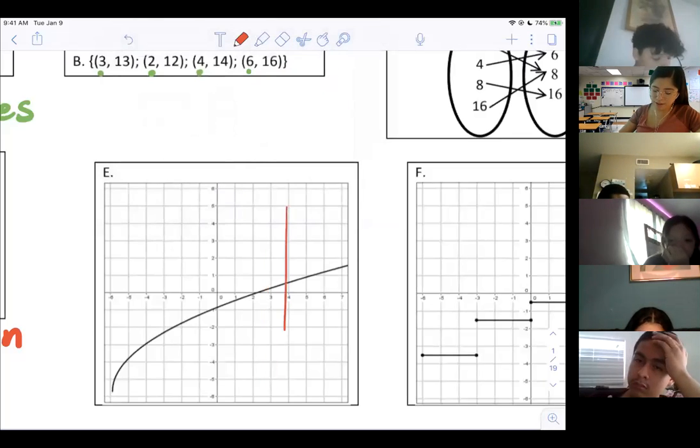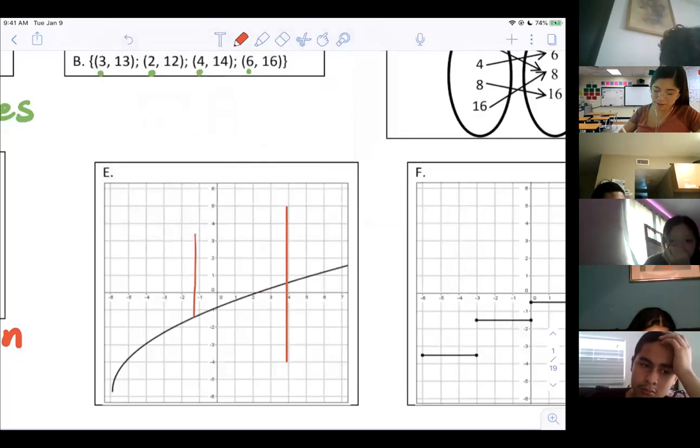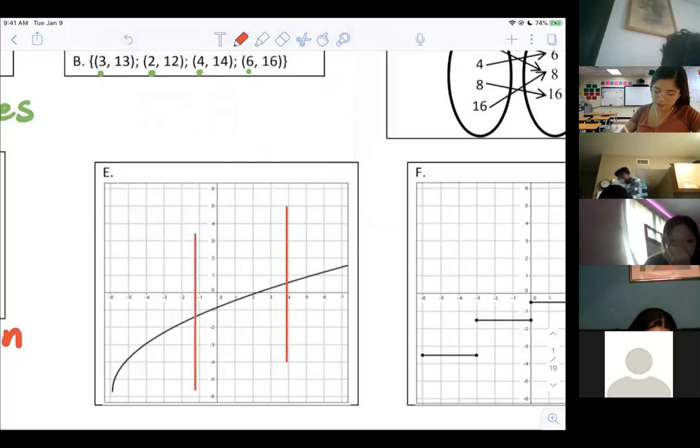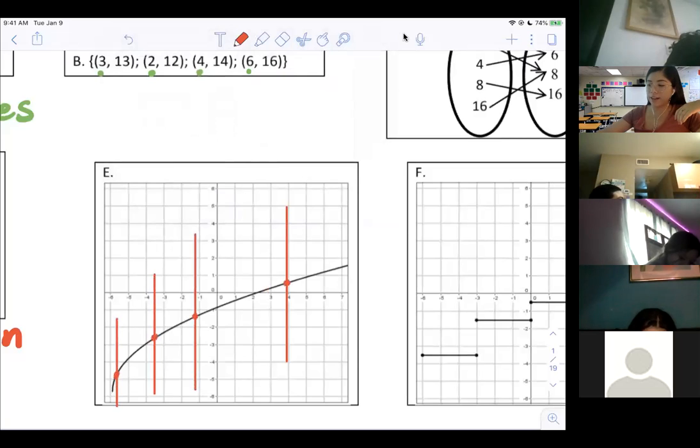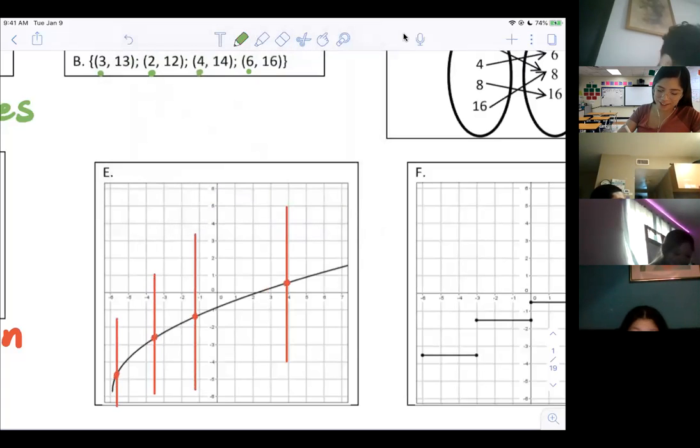So I can do it in many different places. And I can just check to see if there's any place where the graph stacks up on itself. But each place I checked, I only cross one time. There's no place where it's stacking. So what does that mean about this one? It's a function. Yeah, it is a function.